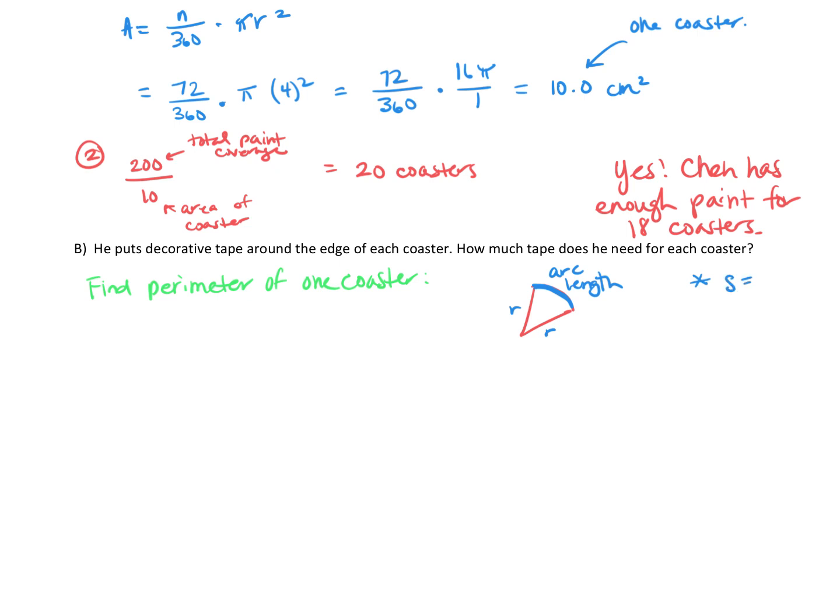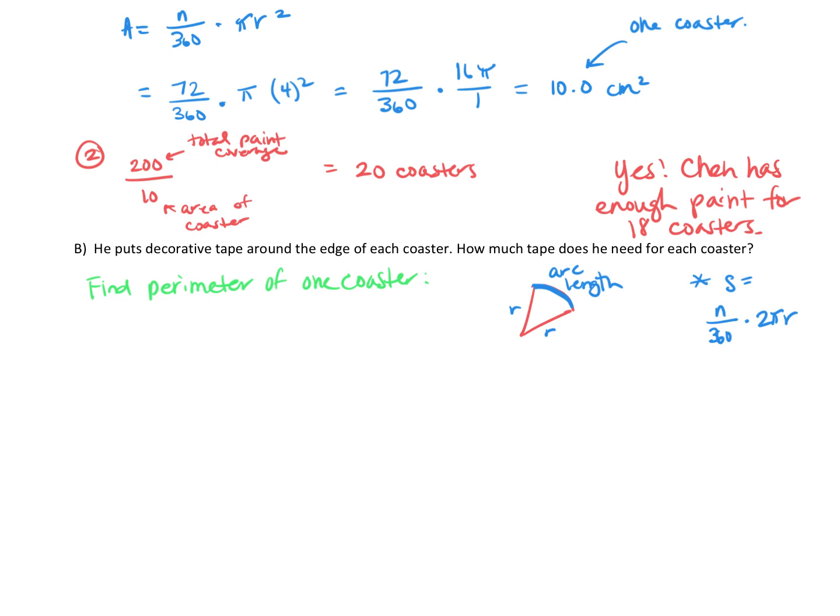It has a formula. It's equal to n over 360 times, not pi r squared, because it's not an area measurement. Instead, it's a portion of the circumference. So we're going to bring in 2 pi r, how we find the circumference of a circle.